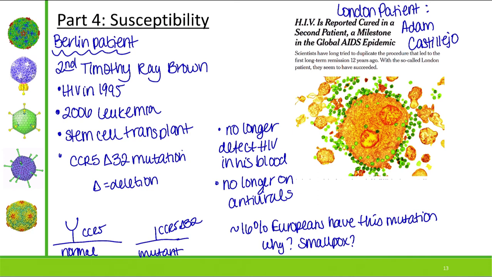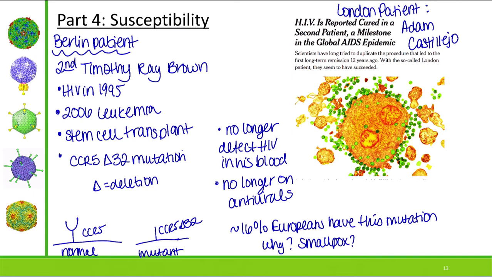So Adam got diagnosed with HIV, and then he later developed Hodgkin's lymphoma. When he developed Hodgkin's lymphoma, he also had a stem cell transplant. And when he had a stem cell transplant, his doctor wanted to duplicate the procedure that led to the long-term remission 12 years ago, which was Timothy Ray Brown.